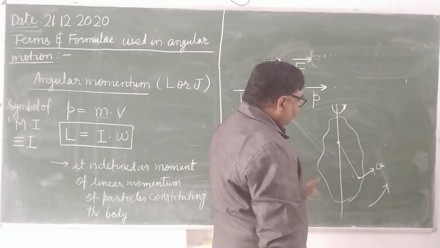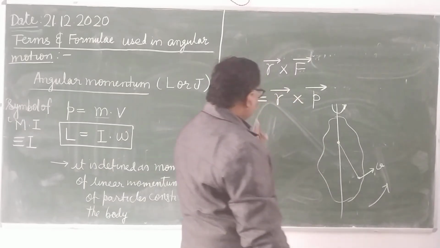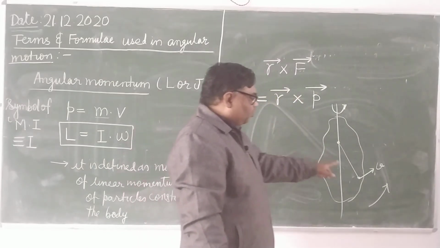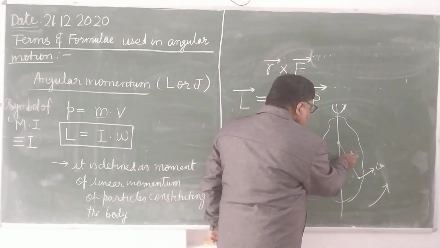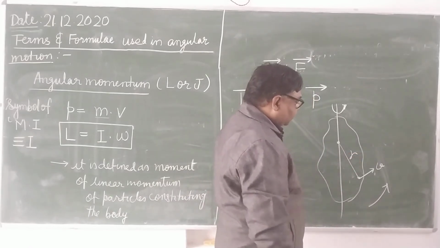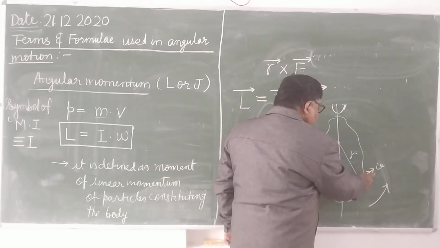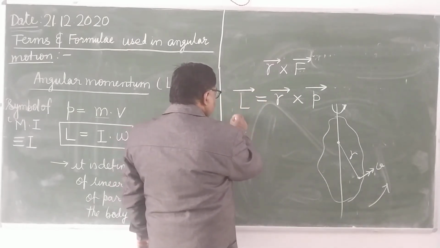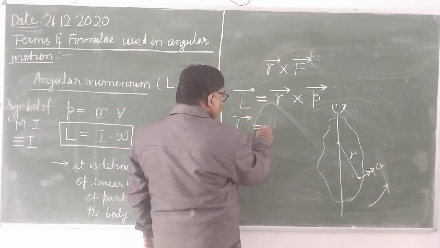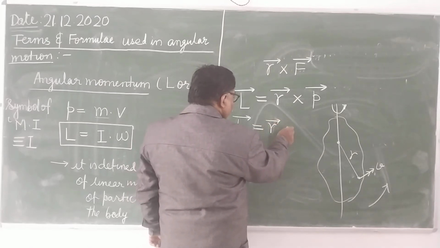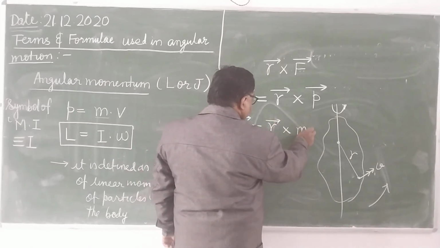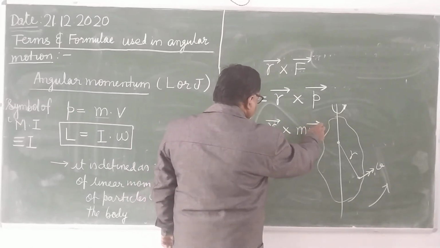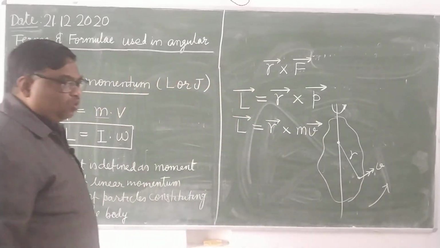So what will be its angular momentum? Angular momentum of this particle will be vector r cross vector p, where vector p is directed in this direction. So vector L equals vector r cross m into v. Is it clear?